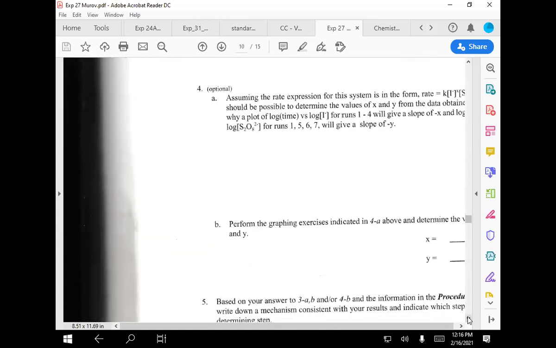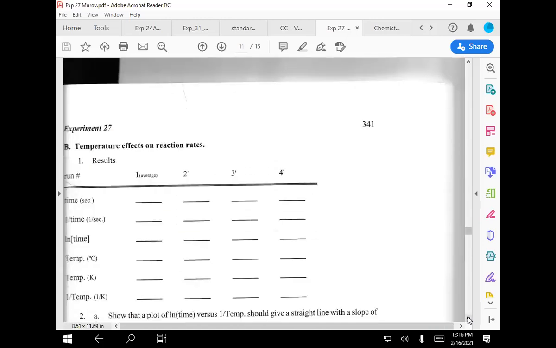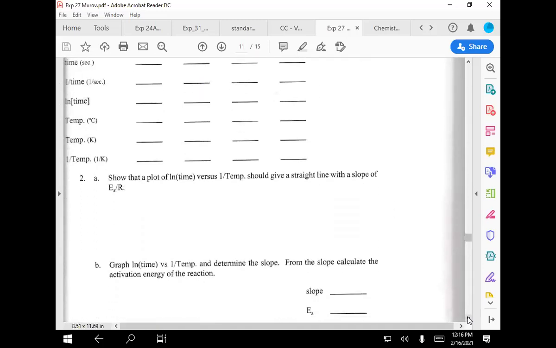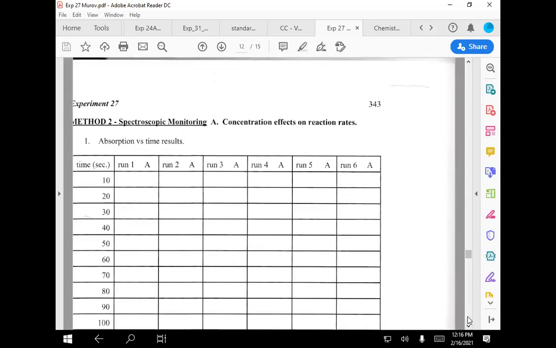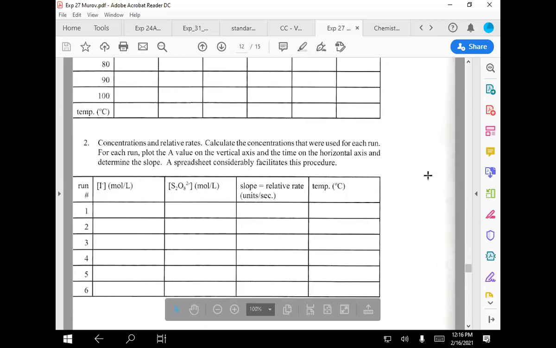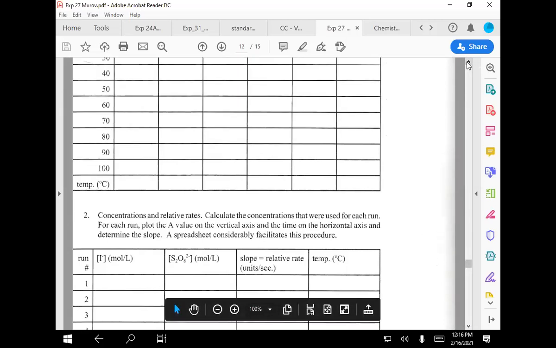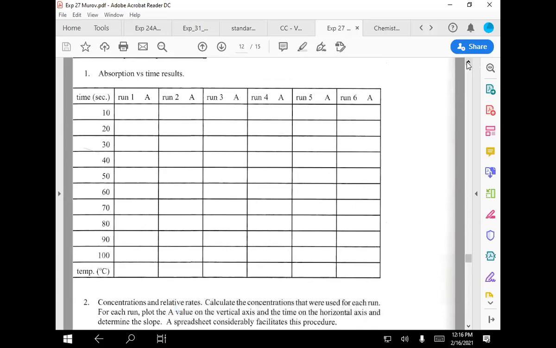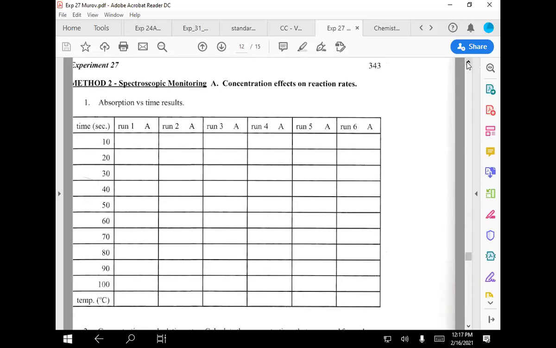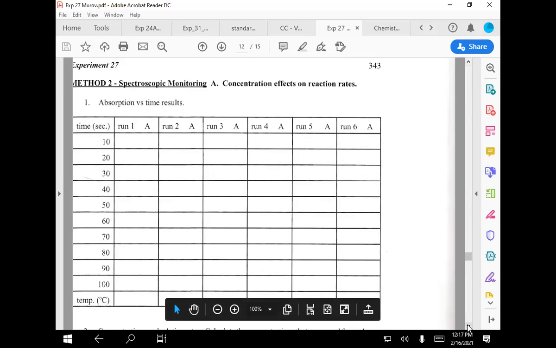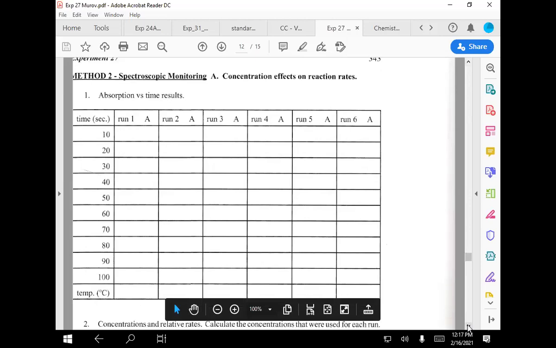So we want to look at method 2, because that's going to be our results and discussion for method 2. Okay, so this is going to be where you start for your results and discussion. You're going to want to fill this chart in, which I believe I gave you the Excel spreadsheet.